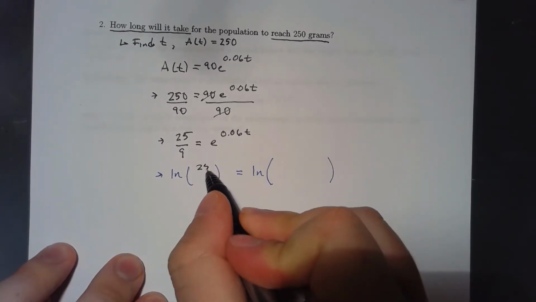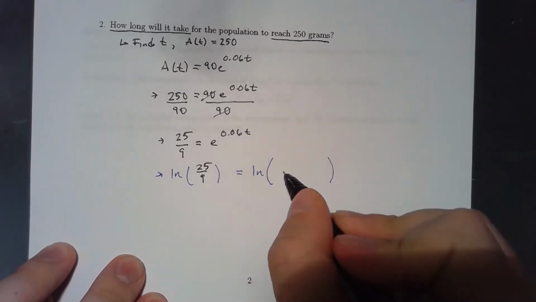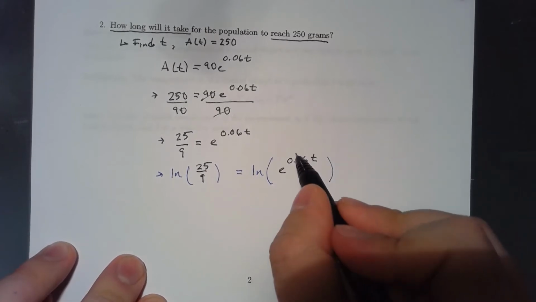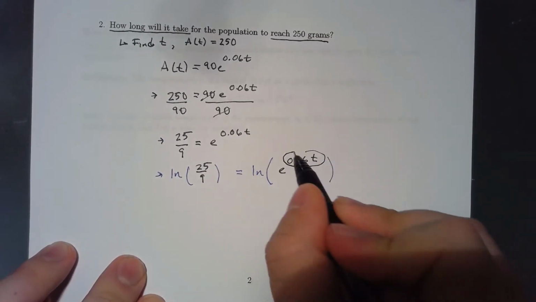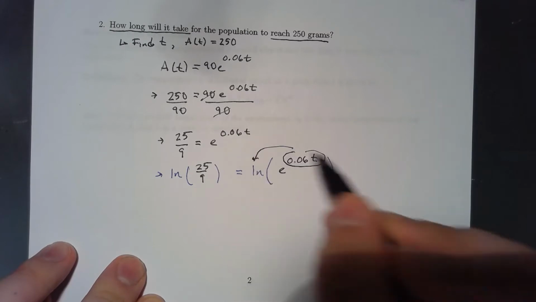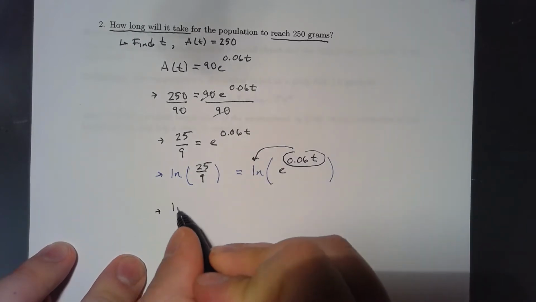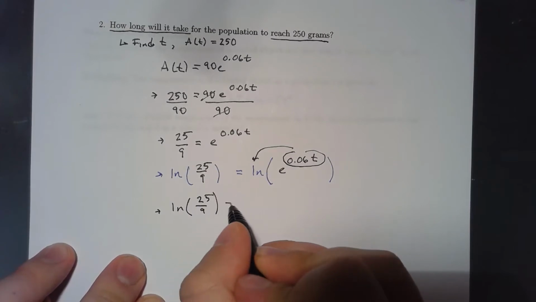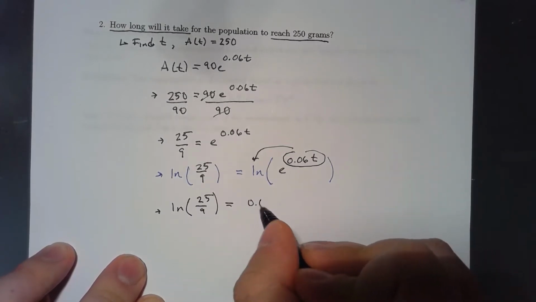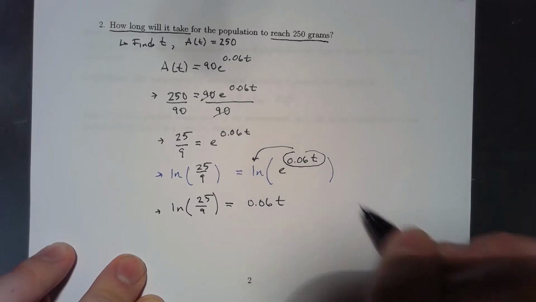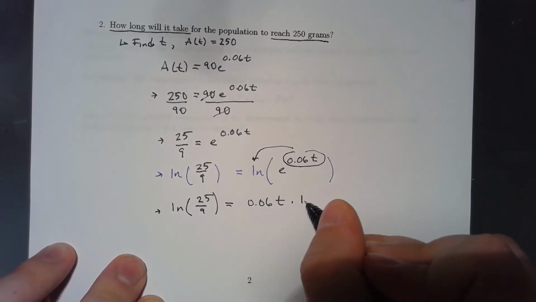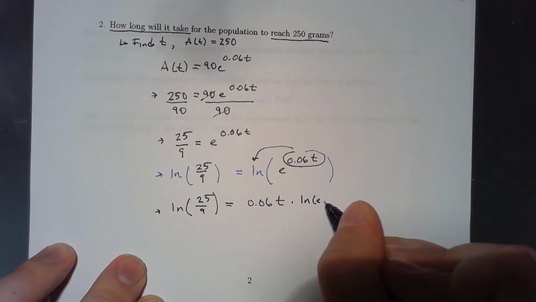So I'm going to have natural log of 25 over 9, natural log of e to the 0.06t. Now I could bring this out front as a factor. So the left-hand side is still ln of 25 over 9 equals 0.06 times t times ln of e.